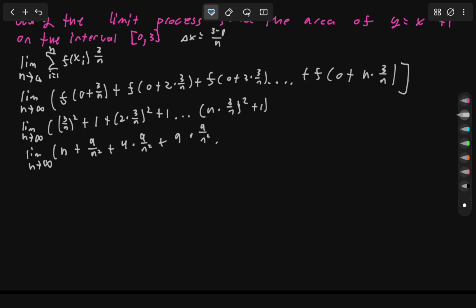And then we'll eventually get to this n squared times 9 over n squared. And what this is really telling us is this is the sum of squares. So what we're going to do is factor out a 9 over n squared from everything.